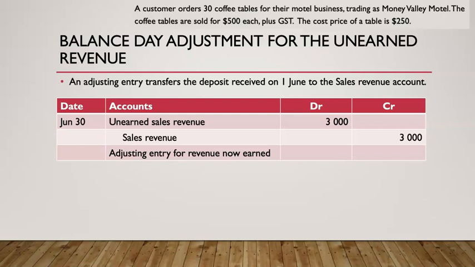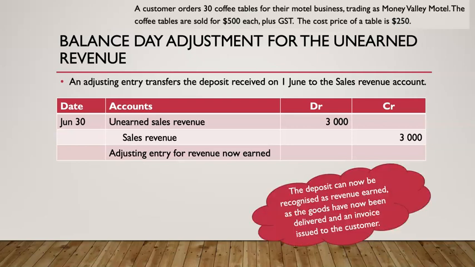Liability will go down to nothing, liabilities going down are debits. And this is where the extra $3,000 of sales revenue that we were missing, that was making the numbers look unusual previously, we're going to turn that liability into revenue, hence the $3,000. A narration of adjusting entry for revenue now earned. And this is where it starts to look a bit different, but that's how we do it.